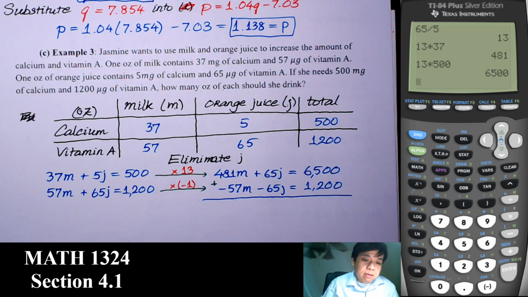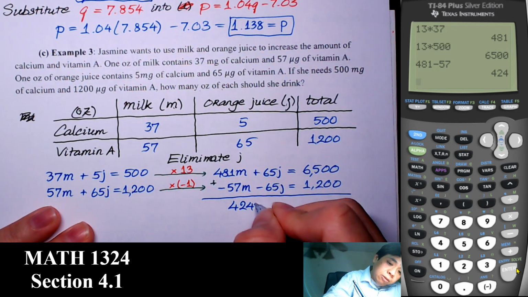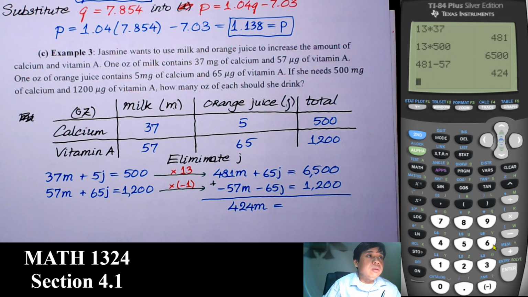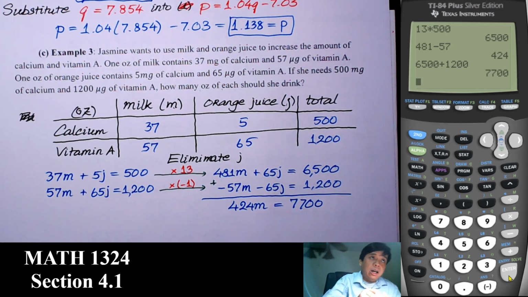So we have 481 minus 57, that's 424m. And then we add this.